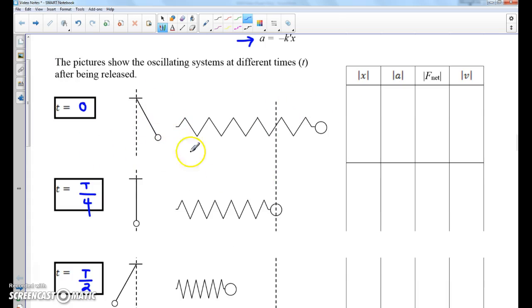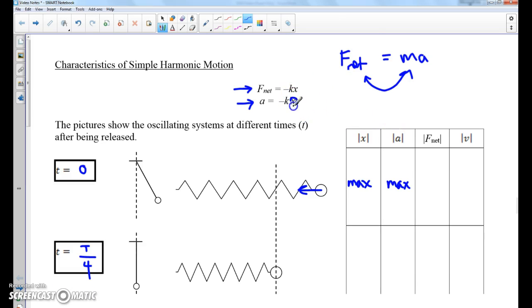Now, at the edge, displacement is at a maximum. And what else did we say? The acceleration toward the middle is also a max. Because if this is really big, then so is this. What about net force? If displacement is big, so is net force. This is at a max as well. And the speed is 0, because we're changing direction, and all we have is potential energy.